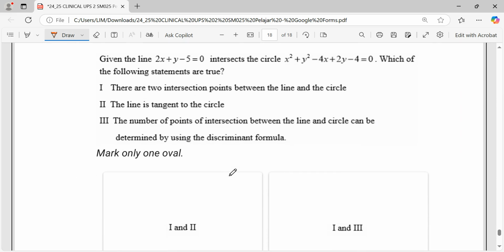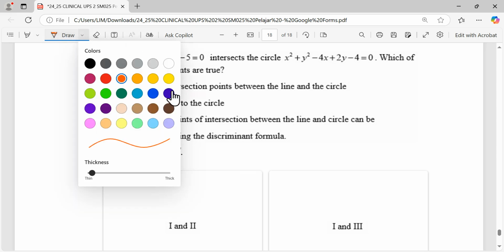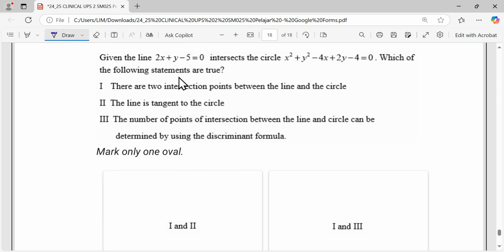And we continue. Given the line here, 2x plus y minus 5 equals to 0, it's going to intersect your circle. So which of the following statements is true? There are two intersection points between these two, so we're not sure.